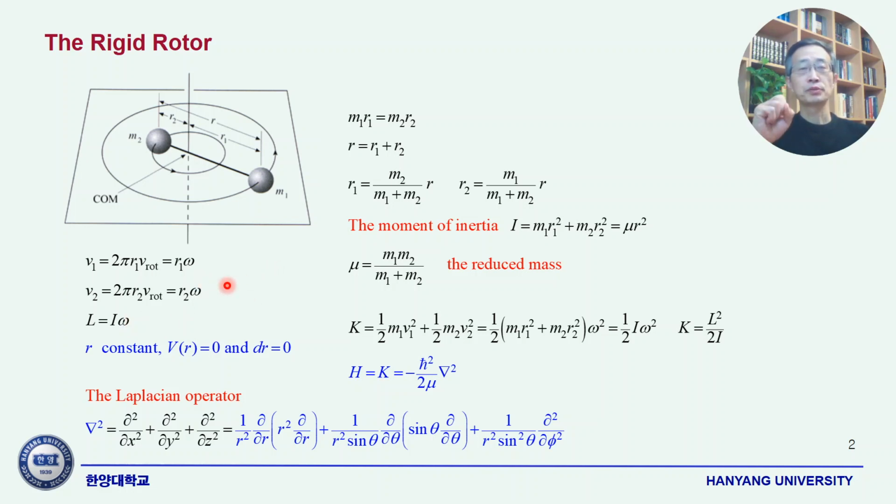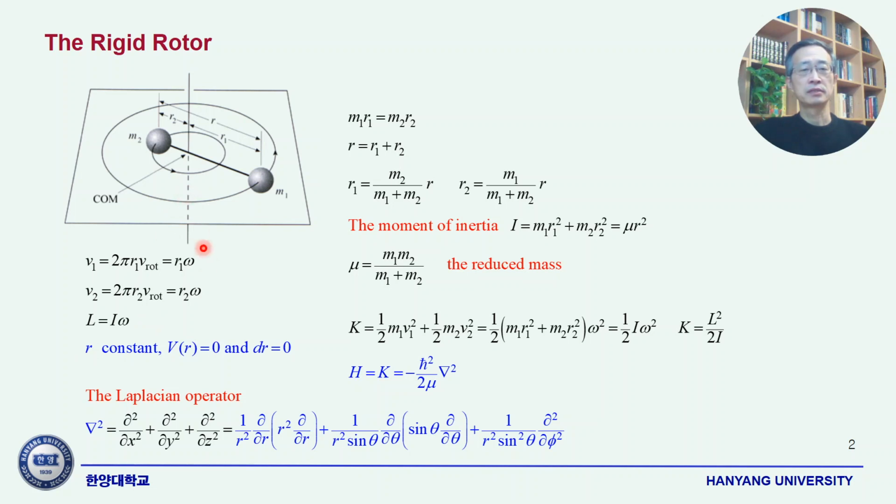Now, the Hamiltonian, which is the total energy, is the sum of kinetic energy and potential energy. In this case, this is a rigid rotor. Because it is rigid, we expect that the distance between M1 and M2, the length R, is fixed, so R is constant.